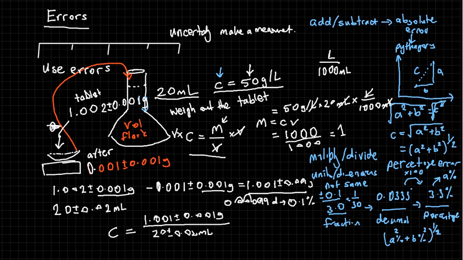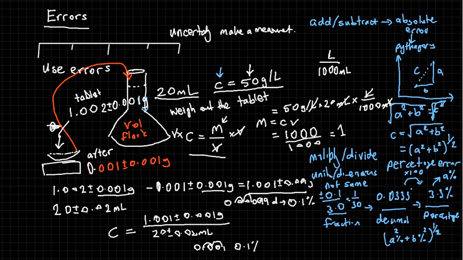And this is our decimal. We have to convert it to a percentage. We times it by 100, move the decimal point 2 places, and we see that we're dealing with an error of 0.1% if we were to round. So very, very, very small error. And this is why measuring things out is so good.